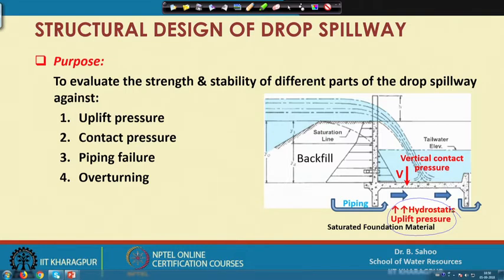Second is contact pressure. The contact pressure is the vertical pressure which is acting at the contact surface between the structure and the saturated foundation.